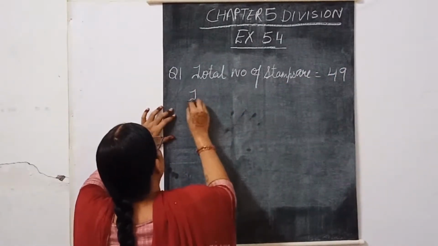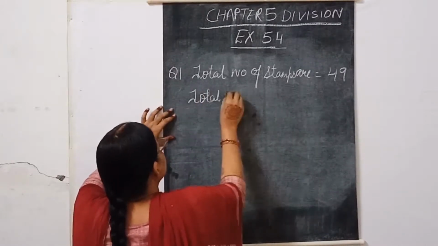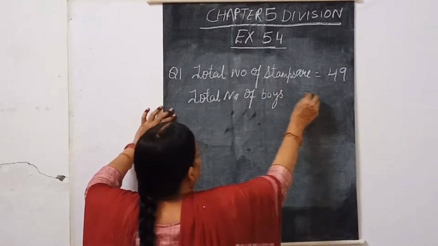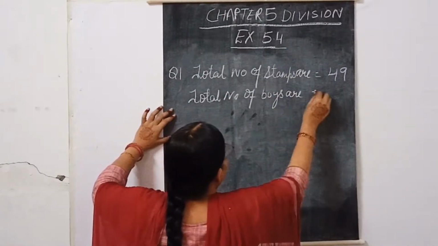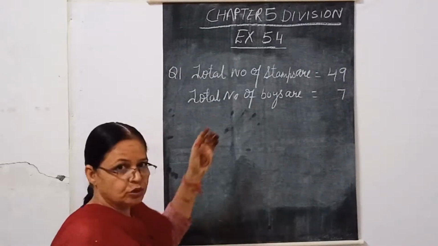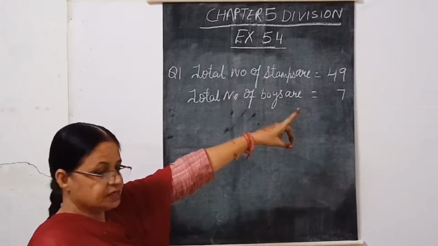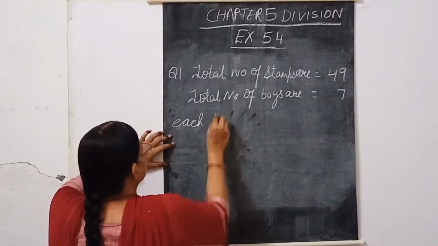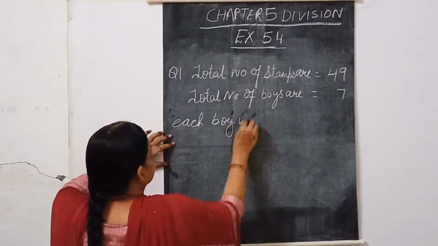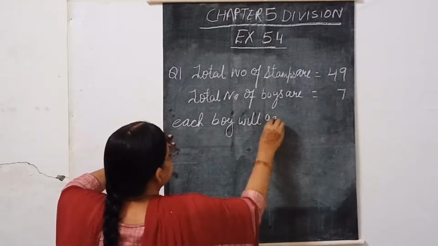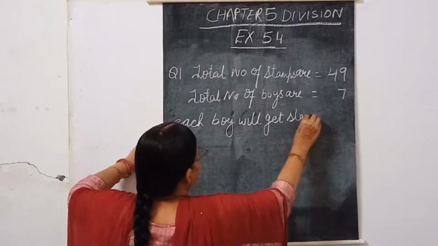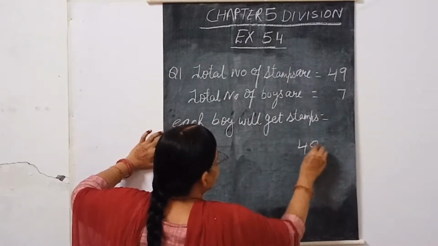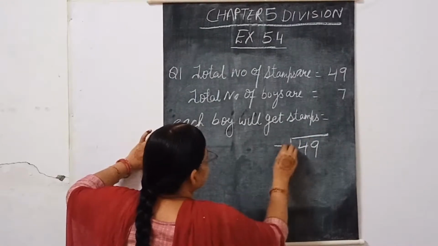Then number of boys are 7. Between 7 boys we have to distribute these 49 stems. So each boy will get stems is equal to 49 divided by 7.